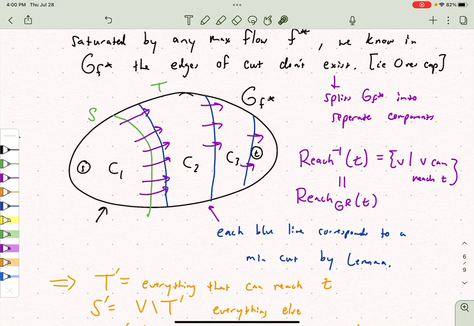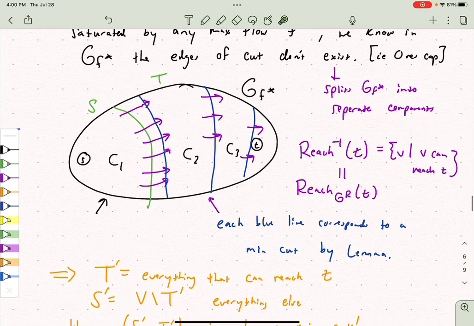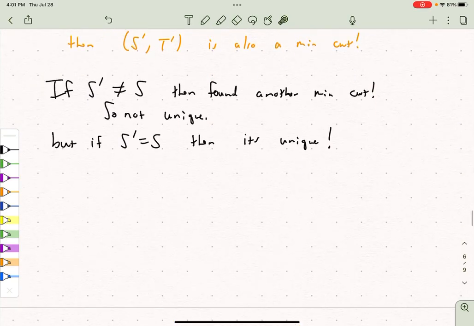Another way to think about this is the Ford-Fulkerson min cut is the one closest to S. And so if we try to generate other min cuts farther from S and fail, then that must be the only one. In particular, the most extreme one would be the one closest to T. So if the most extreme min cut, different from ours, is the closest to T, and that blue line ends up being the same as the one closest to the original, then obviously that's the only min cut. So that's the idea.